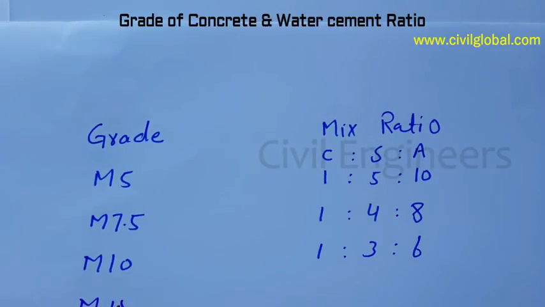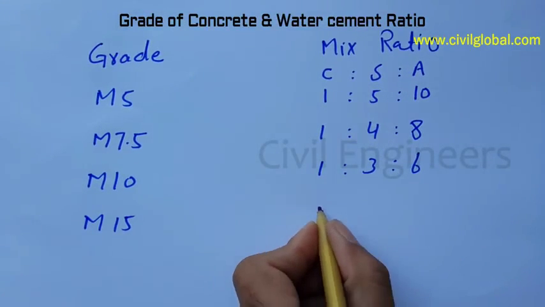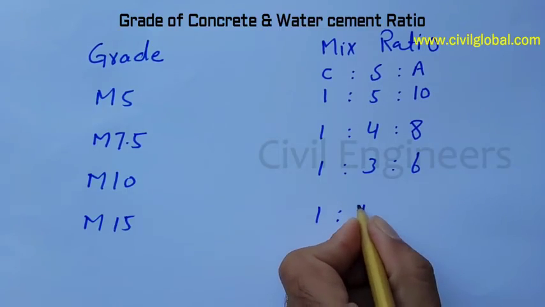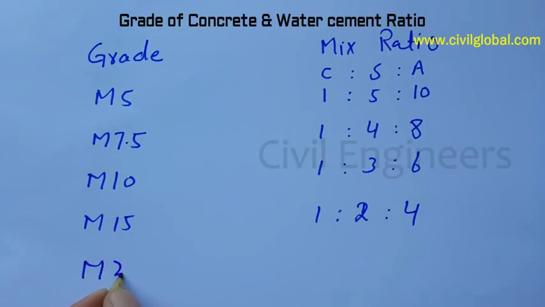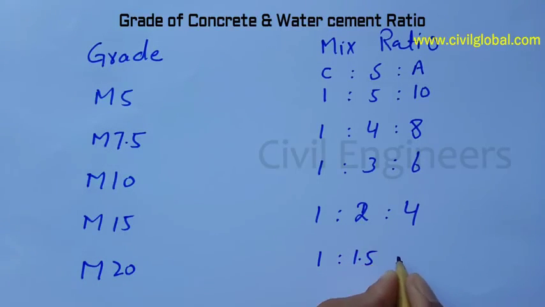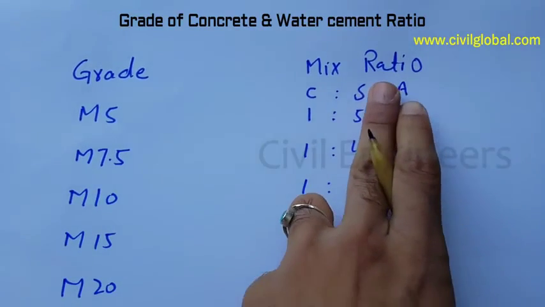For M15 we take 1, 2, 4. For M20 we take 1, 1.5 and 3. So this is grade and mix ratio.